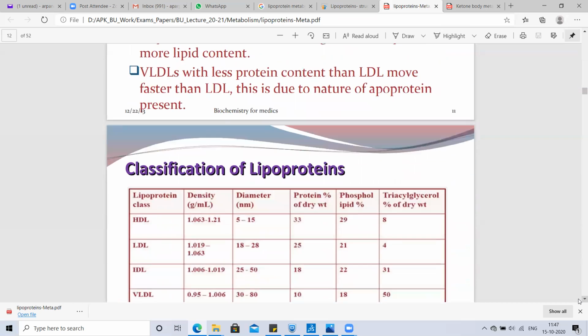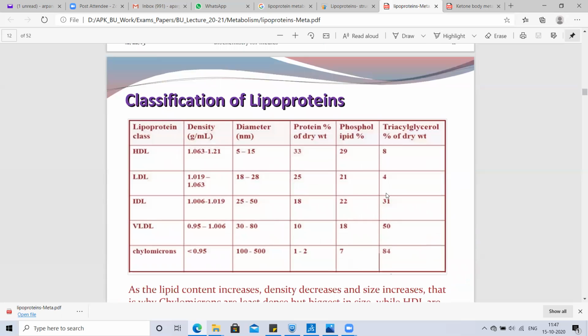which is present. We have seen this chart earlier and also discussed it in this class. On the basis of density, these are classified starting from 0.95 gram per ml to 1.063 to 1.21 gram per ml. On the basis of diameter, as we go from up to down, diameter increases. HDL have the lowest diameter and chylomicrons have the highest diameter.